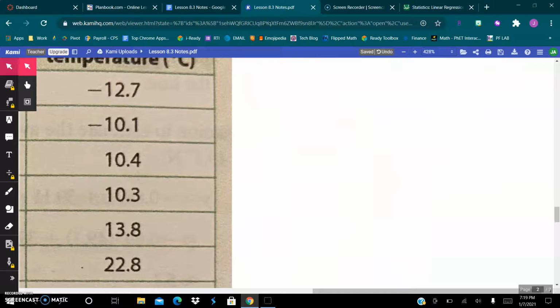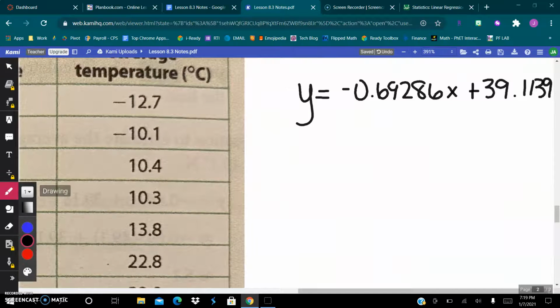So then all I'm going to do is put 49.1 in here for x. So I'm going to do negative 0.69286 times 49.1 and add 39.1139.